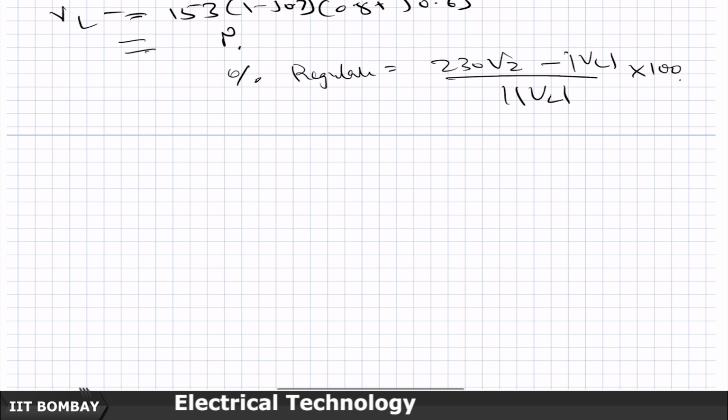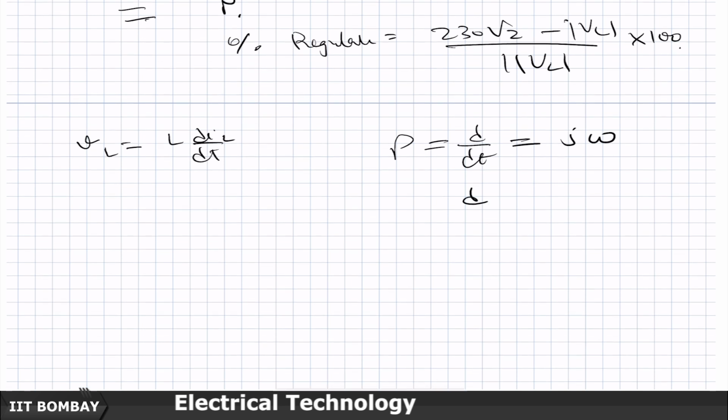So, that is the important takeaway, that once you are able to write the complex numbers, see, inductor is given by this, right. So, its phasor representation, it is not roughly speaking, it is strictly what we can simply do, this d by dt operator, which is also called the p operator, we can replace it by j omega. What is the reason for that?